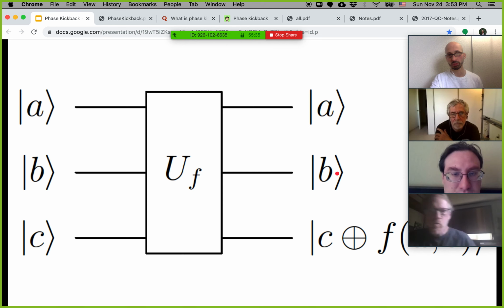Okay, now I'm going to move to the next slide. And so Alice prepares this UF for us this way. And this is a very common pattern in quantum algorithms, and Mike talked about this about a year ago.